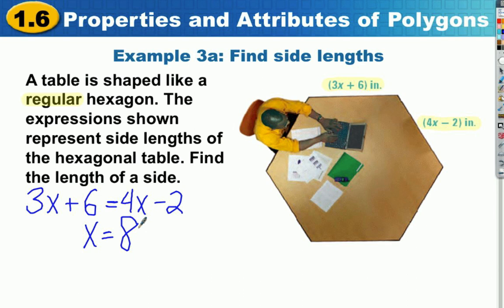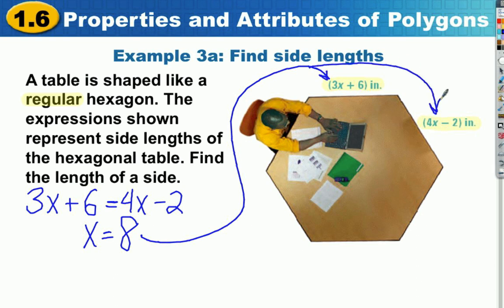Now, if I circle that and pat myself on the back, I just got the whole question wrong because what do I need to make sure I do? Danielle? How do I do that? That's right. You have to now plug this in here, or you could plug it in here.